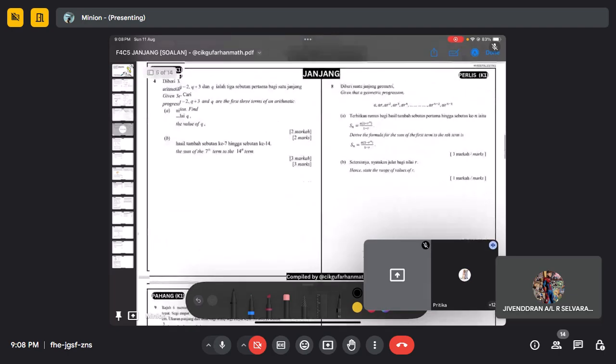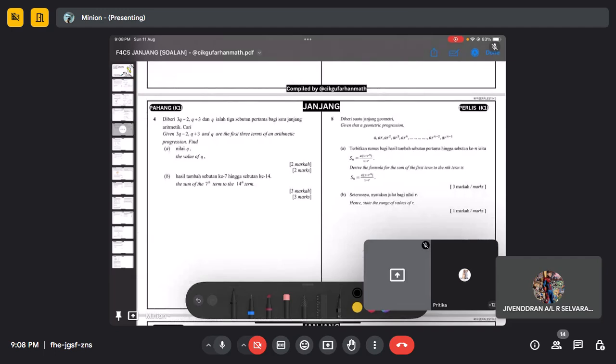Okay, moving on to the next question. Given 3q minus 2, q plus 3 and q are the first three terms of an arithmetic progression, find the value of q.